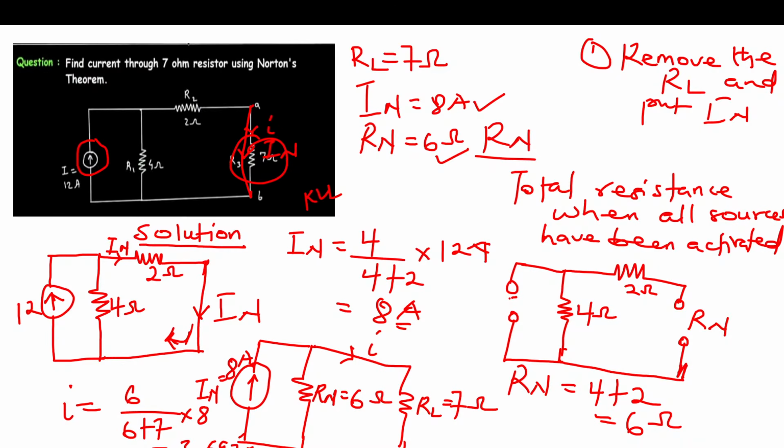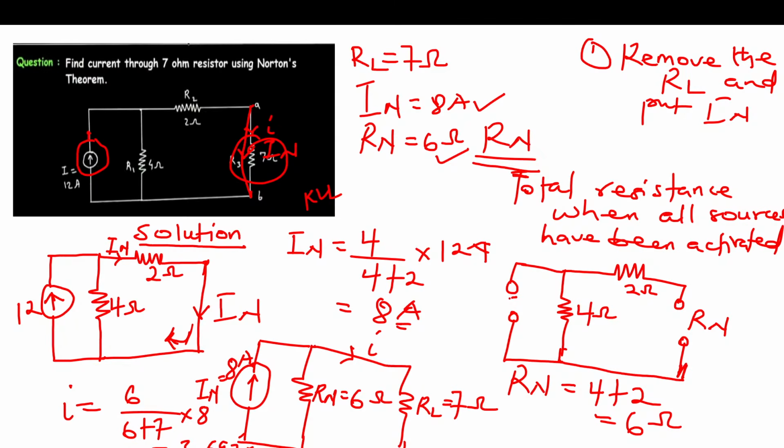Now, finding your Rn. The Rn is the same as the total resistance when all sources have been deactivated. So now we go back to our question and then we deactivate all sources. I said that if the source in question is a current source, we open circuit it.